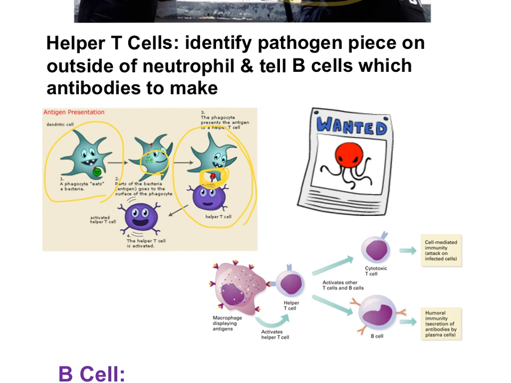It displays the epitope from that pathogen and shows the helper T cell. The helper T cell then acts like the game of telephone and goes and tells the B cell, hey, this is who the foreigner is. This is who we need to get rid of. So these are which antibodies we need to make.